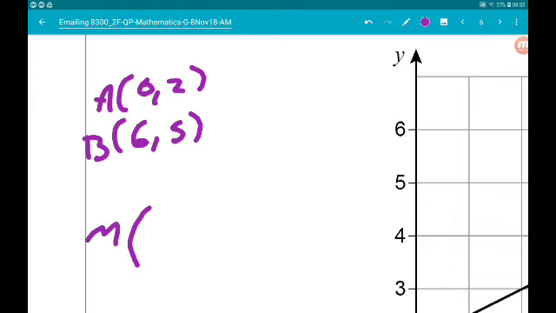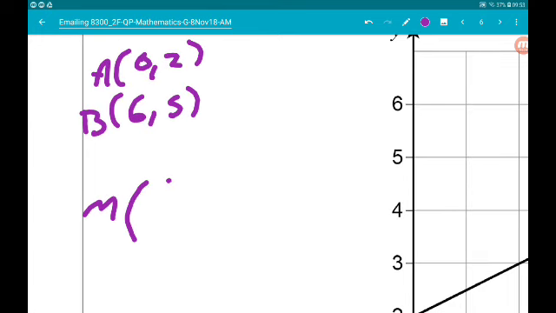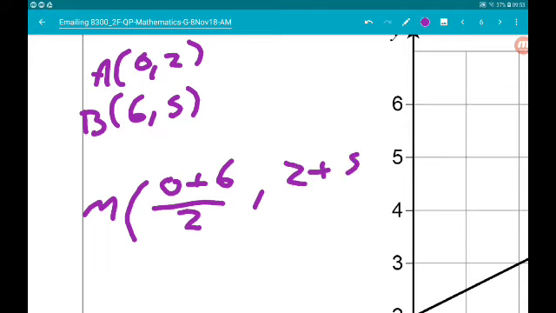Okay, so the midpoint has the mean x coordinate and the mean y coordinate of the two endpoints. So we add the two x coordinates together, so that's 0 add 6, and then divide by 2. Do the same for the y coordinates: 2 add 5, and then divide by 2.